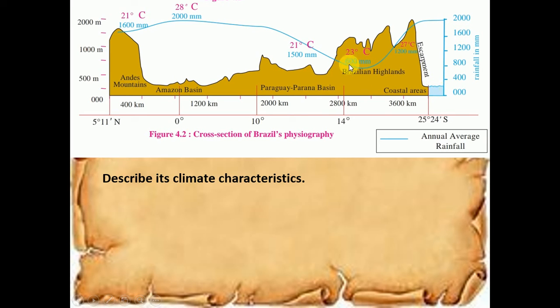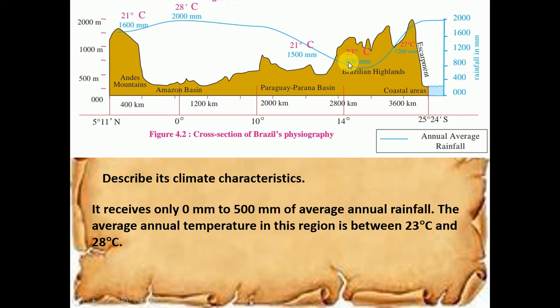So we say it receives only 0 millimeters to 600 millimeters of average annual rainfall. The average annual temperature in this region, now if you look at the temperature also, you have 23 degrees Celsius and 28 degrees Celsius.